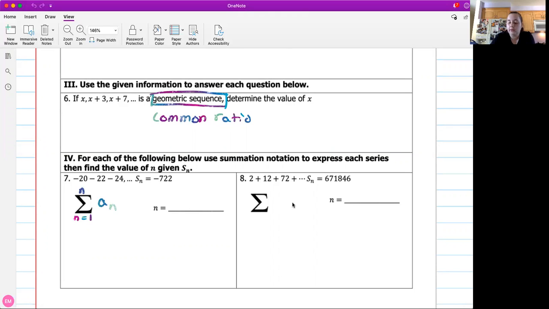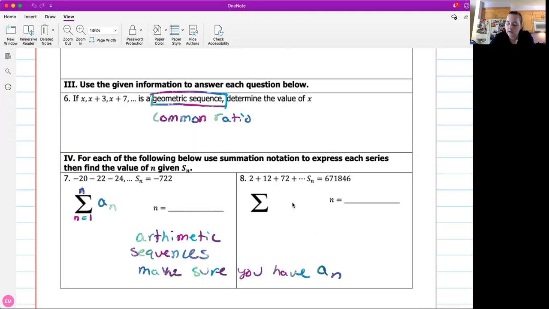When you're working backwards, it's really important for the arithmetic sequences to have that a sub n because it affects your equation. I guess for the other one you need a sub n too because you have to plug it in here. But that's about it for today.